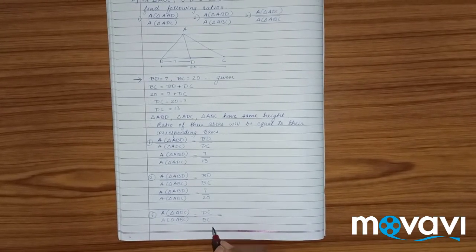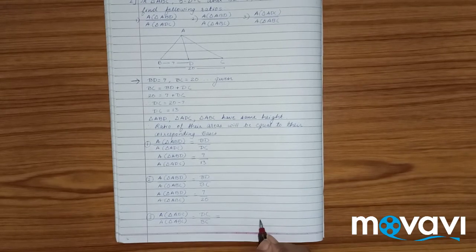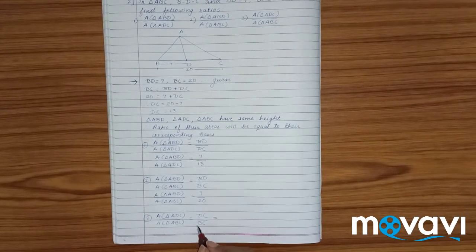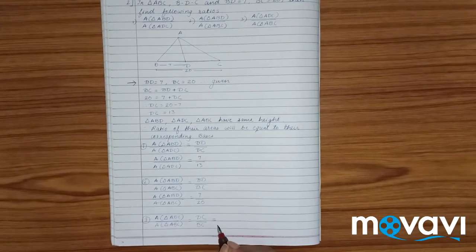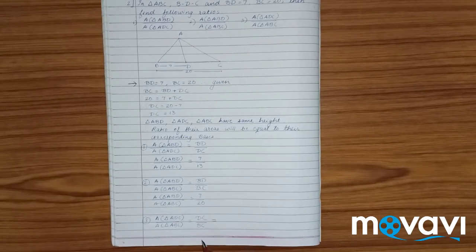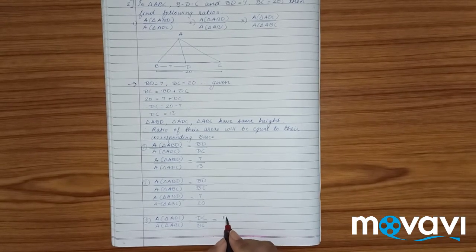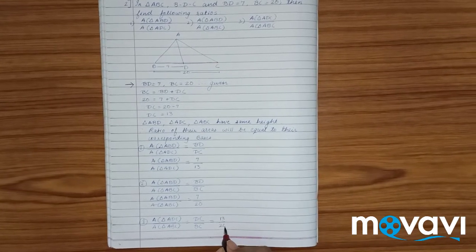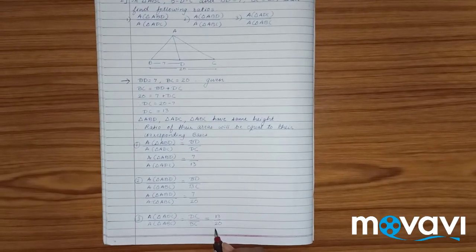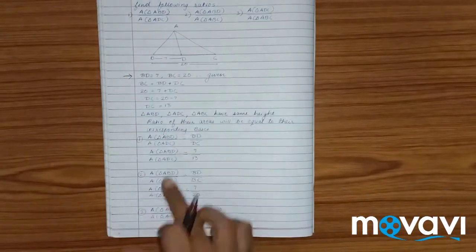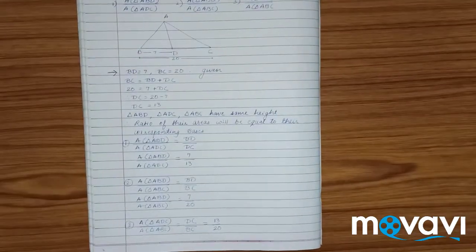When you are writing answers, don't write like this. You are supposed to solve one below the other. I will write here because I am just explaining it to you. So DC is 13 and BC is 20. So that's my answer. You will write the answer below according to whatever has been asked.